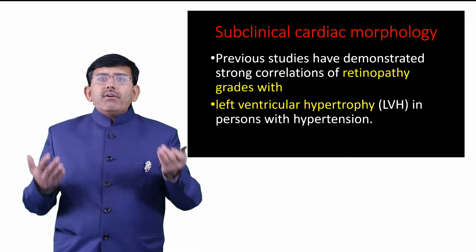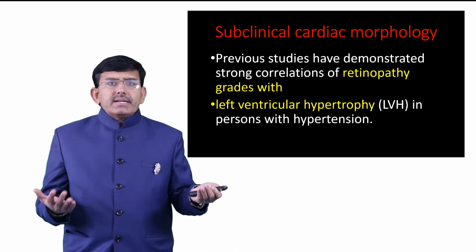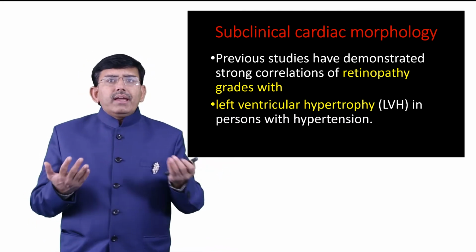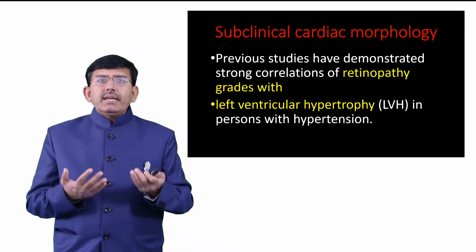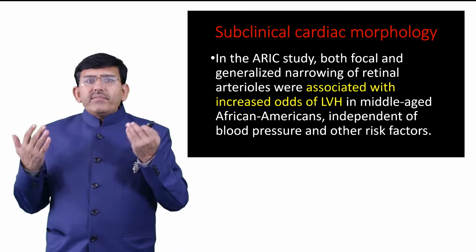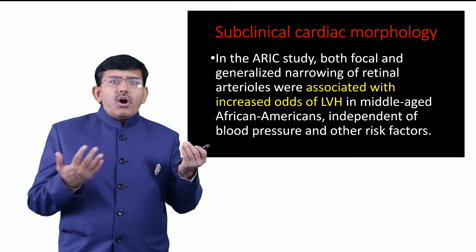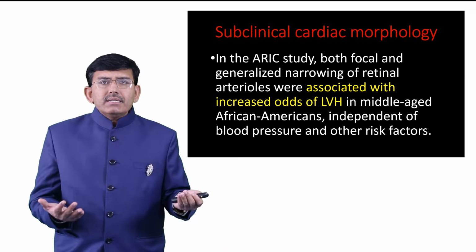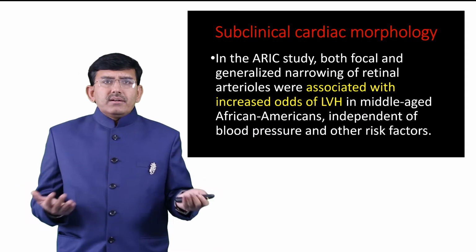Previous studies have demonstrated strong correlation of retinopathy grades with left ventricular hypertrophy, LVH, in persons with hypertension. In the ARIC study, both focal and generalized narrowing of retinal arterioles were associated with increased odds of LVH in middle-aged African Americans independent of blood pressure and other risk factors.